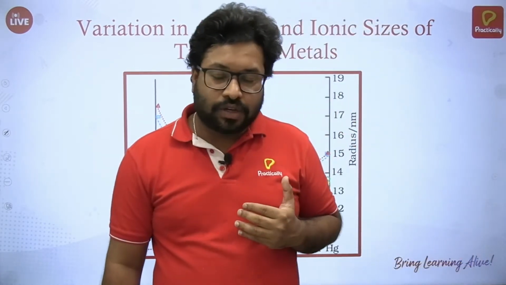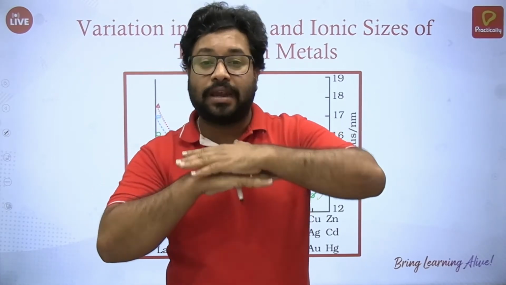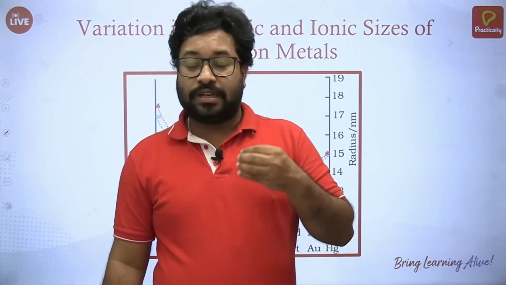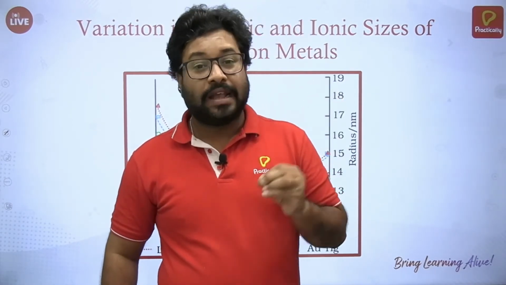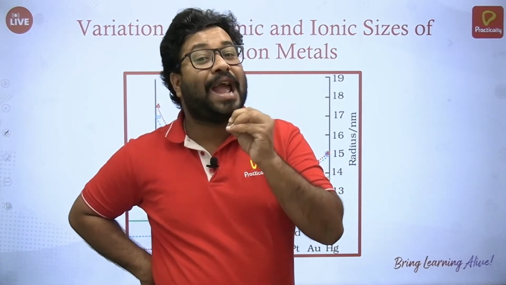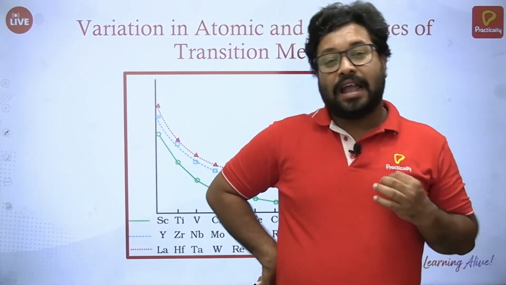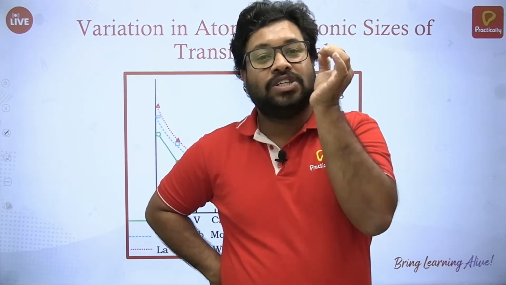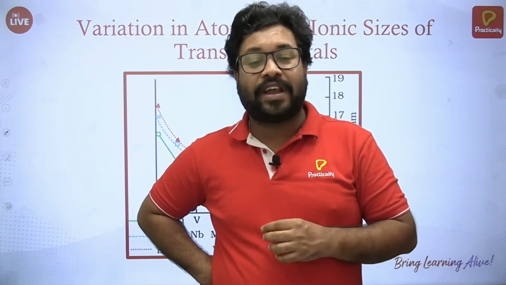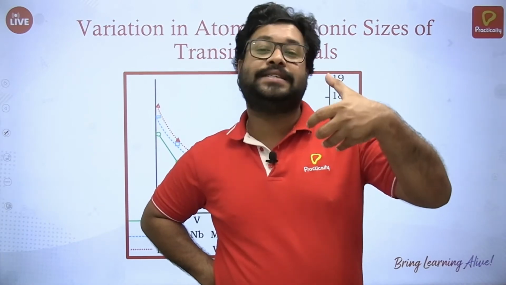5D transition metals, though they are coming into the next shell after the 4D element, the next shell has come, obviously. So the size should have been more, but in between 4D and 5D element, there are what? There are F block elements. Yes, the inner transition elements are there, and they show the weakest shielding effect. Because of which the increased nuclear charge gets dominated.